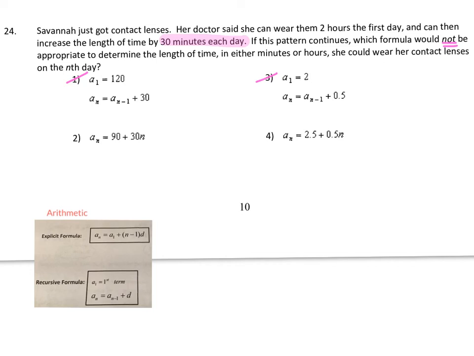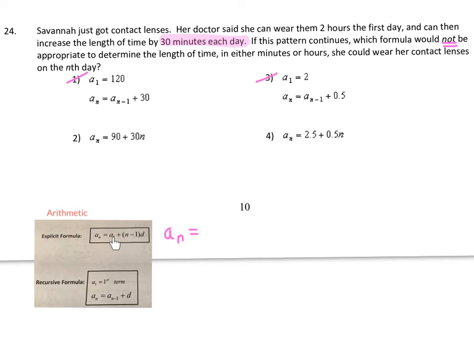All right, so now we're on to the explicit formulas. Now, it looks like here they're doing it in terms of minutes, and here they're doing it in terms of hours. So let's take a look and see. If we were to do the explicit formula, let's plug minutes into here. So we could say A sub n would be equal to.